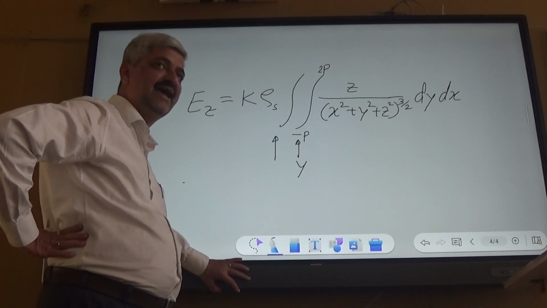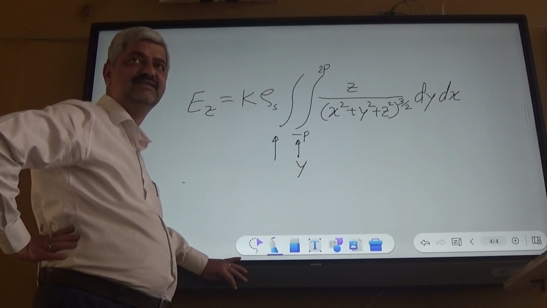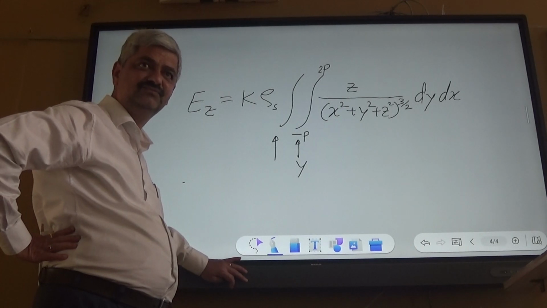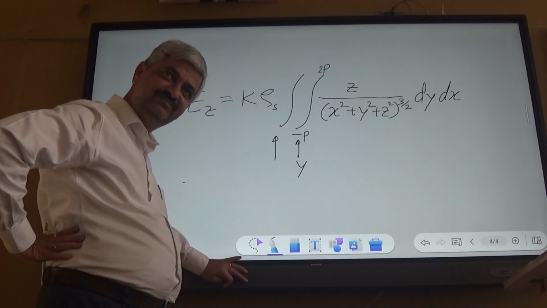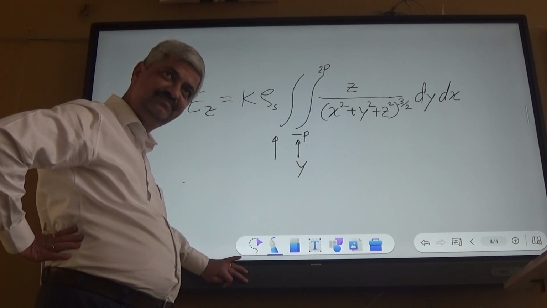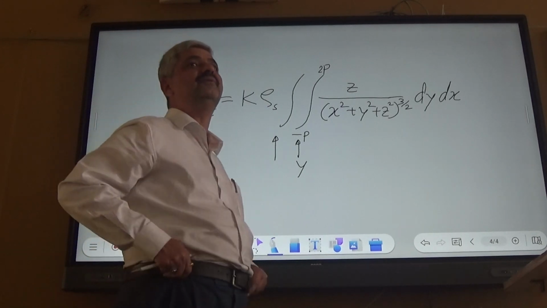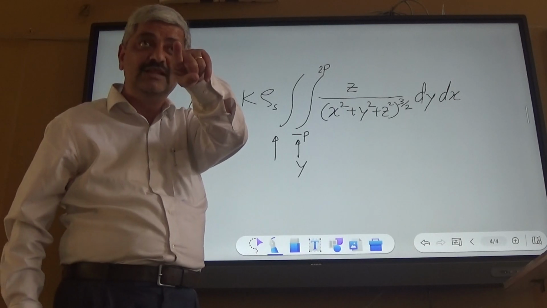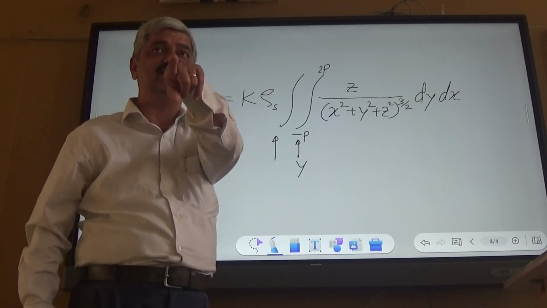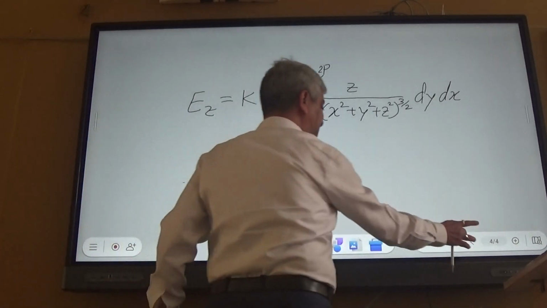What range will x have? X will have limits, and the limits should not be constant. There is a hint.